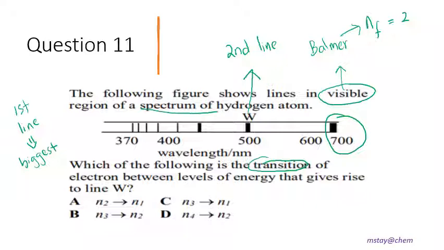To find the second line in the Balmer series, n final, as we know, is equal to 2, while n initial for the second line is the 2 plus the final 2, which is 2 plus 2, equal to 4. So in this case, the line W will be produced when the electron drops from n equal to 4 to n equal to 2. So the answer is D.